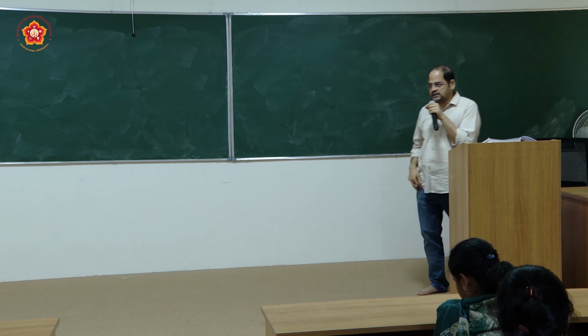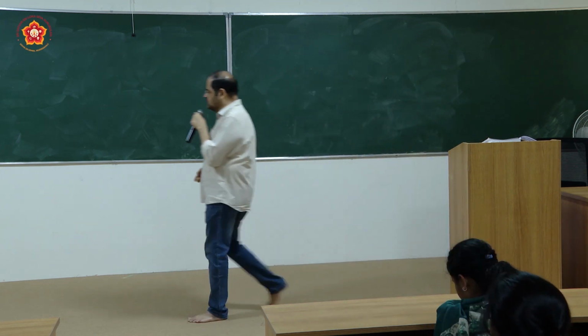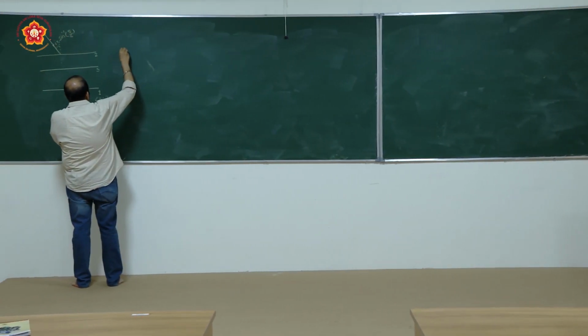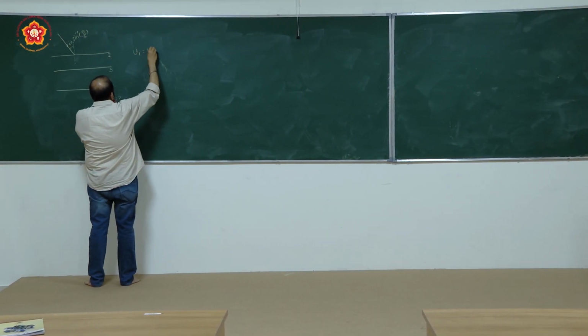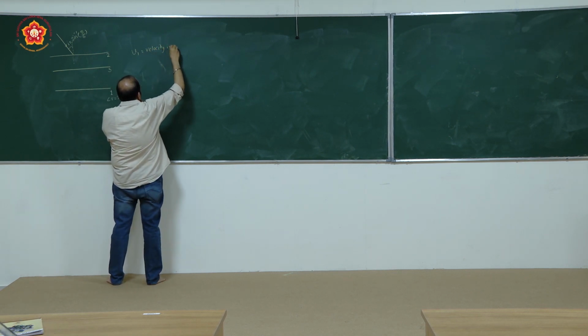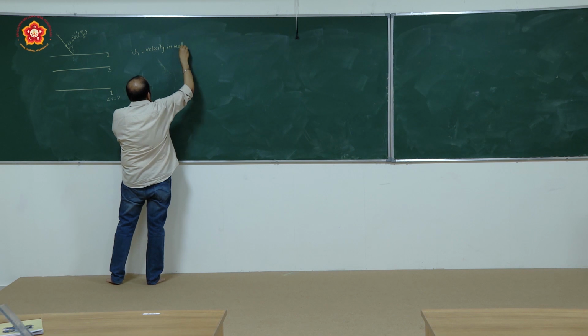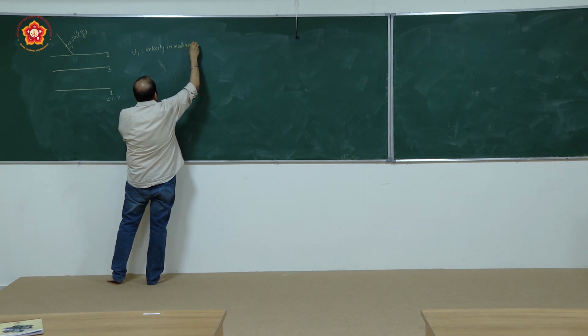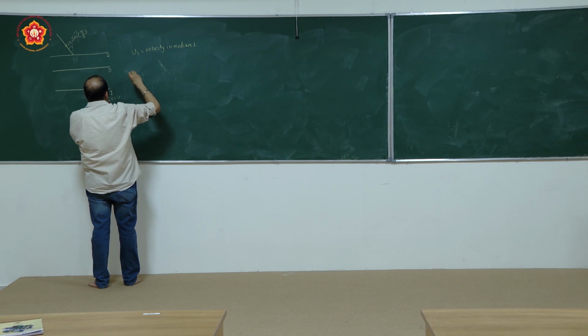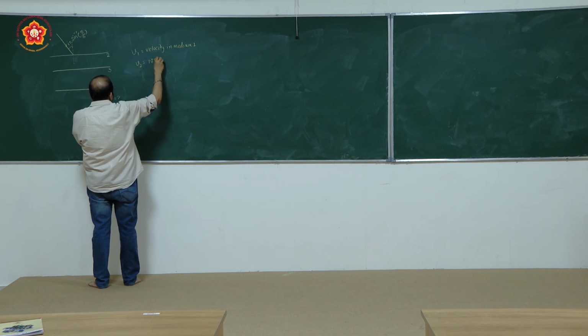So can I make a statement here that V1 is the velocity in medium 1? When it is traveling from medium 1 to medium 2, velocity increases. V2 is equal to 1.25 times V1.